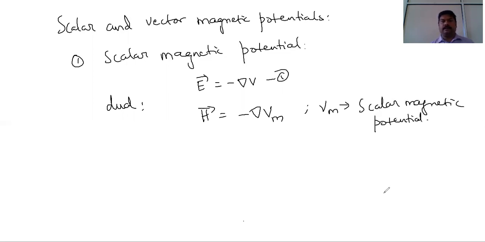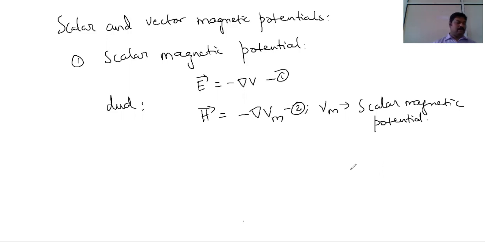Remember, in equation number 1, where we dealt with the electric field, there was only one potential. There was nothing called a scalar electric potential or a vector electric potential. So here we have a difference. We have to specify whether we are dealing with scalar magnetic potential or vector magnetic potential. So in this equation 2, which is a dual of the electric field in the magnetic field, we get magnetic field intensity H equals minus del Vm, where Vm is your scalar magnetic potential.